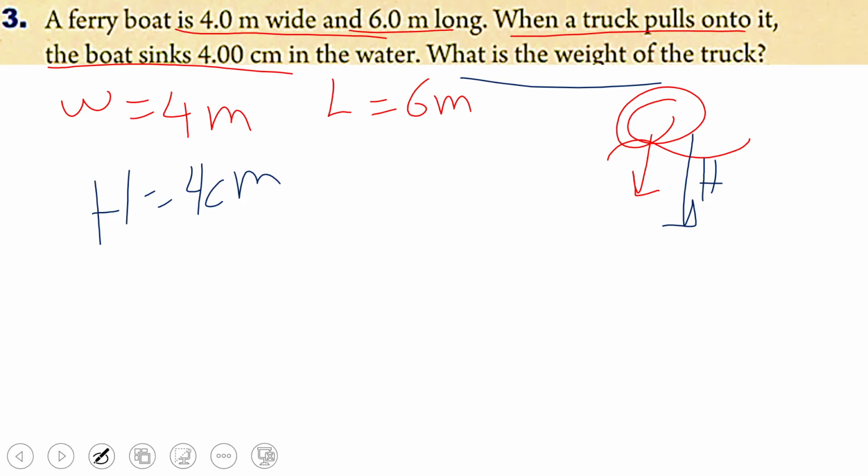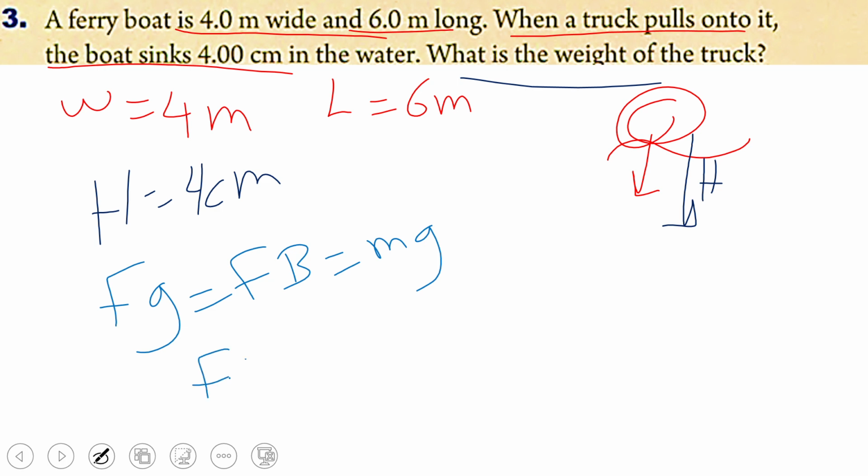What is the weight of the truck? Guys, same rule. We know that the buoyant force equals Fg, both are equal. The question says find the weight, and we know that is equal to mg. So Fg equals, instead of the mass, immediately we can make it rho Vg.